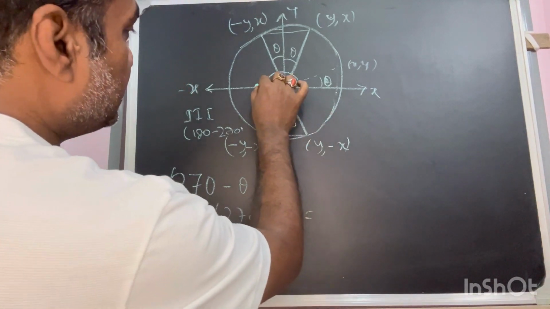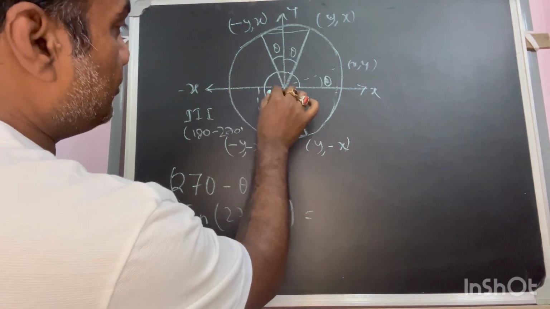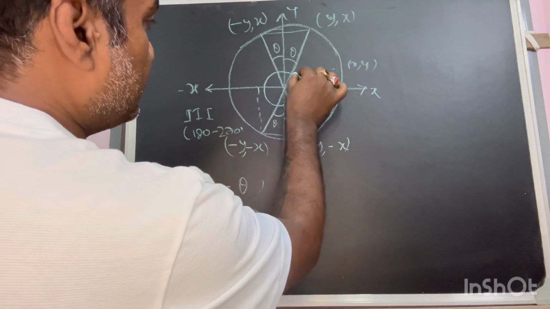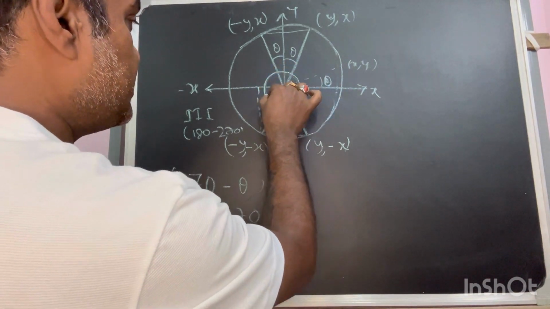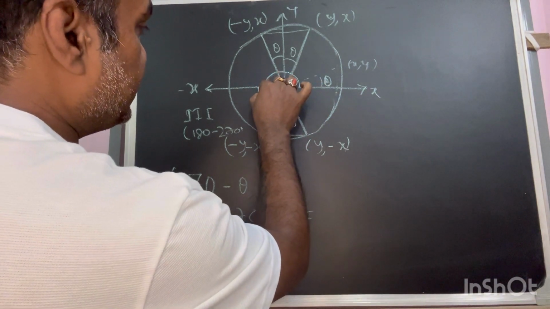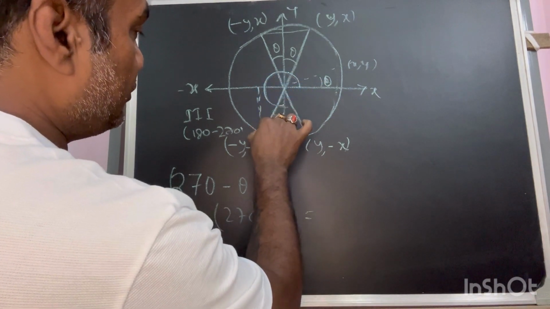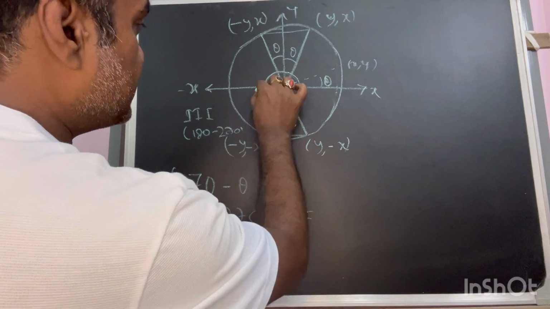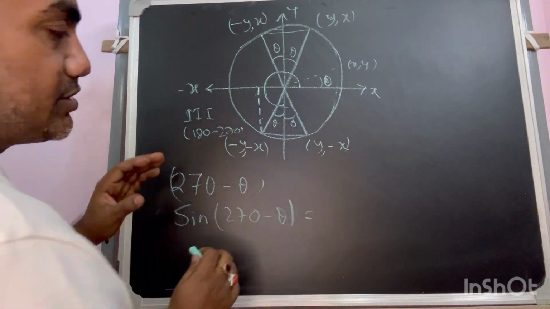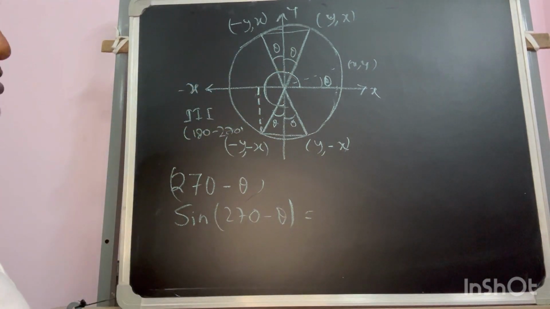So we have to see the triangle made with x and minus x. So if it reaches this position, the ratios will be calculated on the basis of the triangle based on x or minus x.